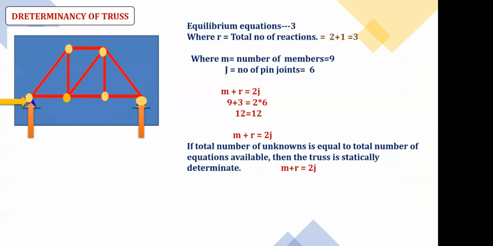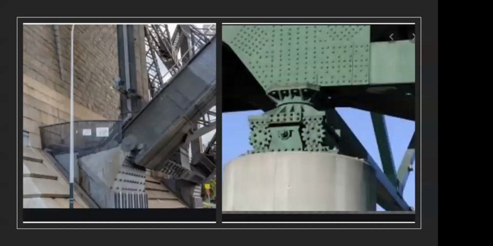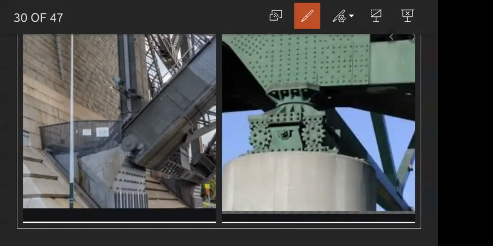So likewise, all of you can observe this diagram. These are the support conditions which will be provided at the ends of the members. You see the member is not directly fixed to the support; at the support there is a connection, that is a pinned connection, which will allow a small amount of deflection.